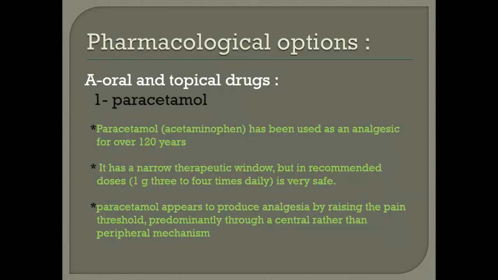In pharmacological options, we will discuss oral and topical drugs used in arthritis. Number 1. Paracetamol. Paracetamol is a common painkiller. It can also lower raised body temperature, and it is used for relief of fever, headaches, the pain of arthritis, and other minor aches and pain, including pain from colds, flu, and period pain.